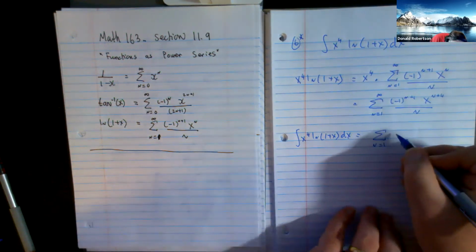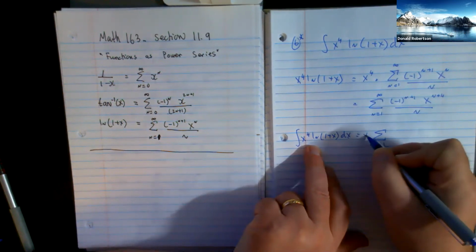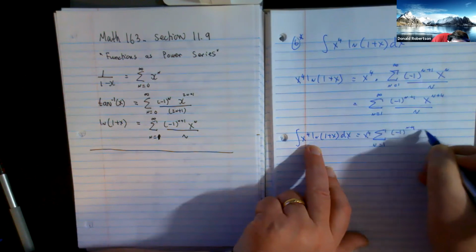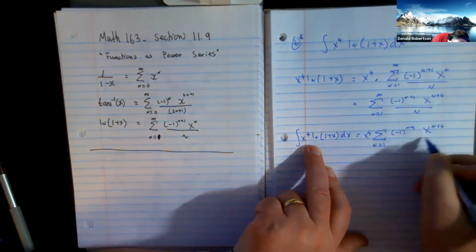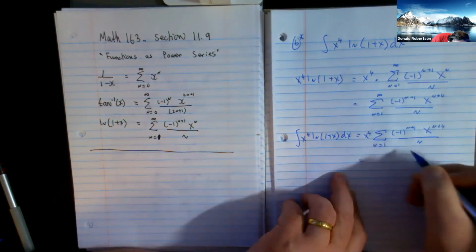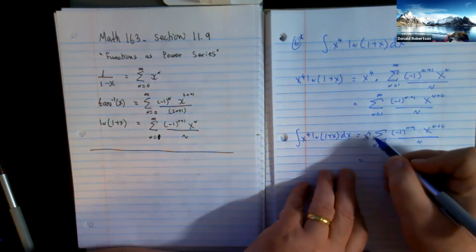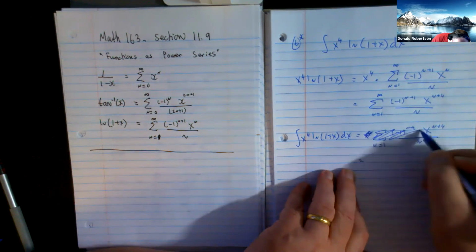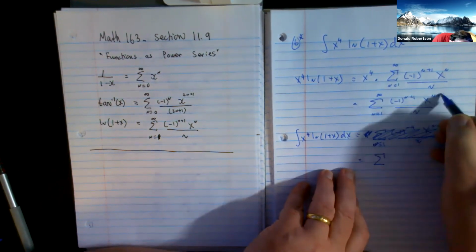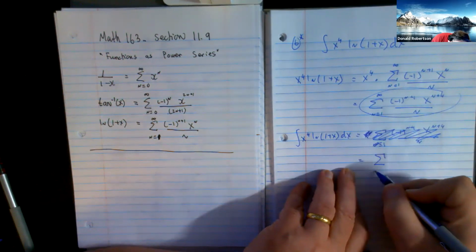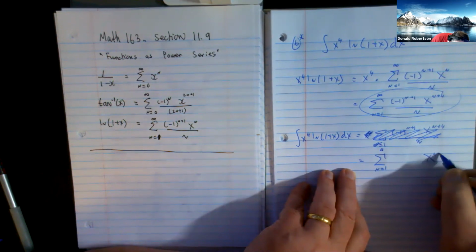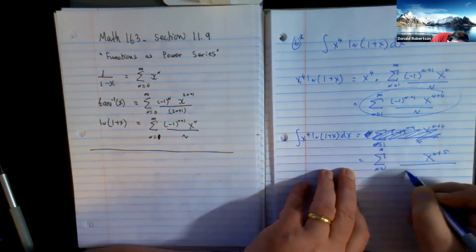So back to this question. It's going to be x to the 4 times this fella. And I should say the integral of this fella, because I've already done all the hard work, right? So this is the guy I'm going to integrate. Add 1 to the power and divide by the new power.